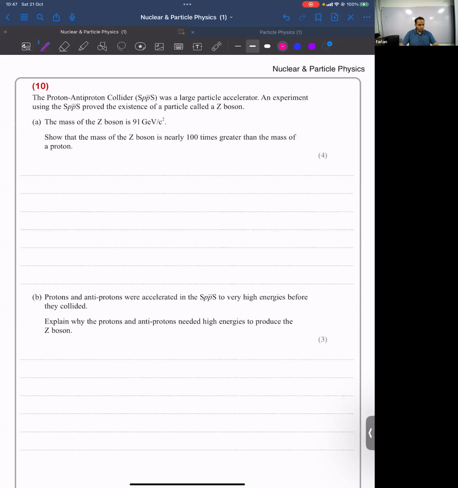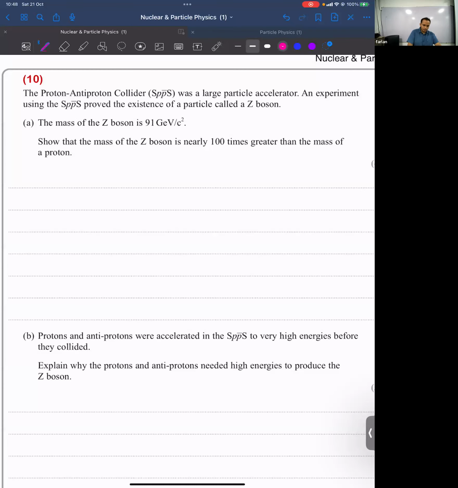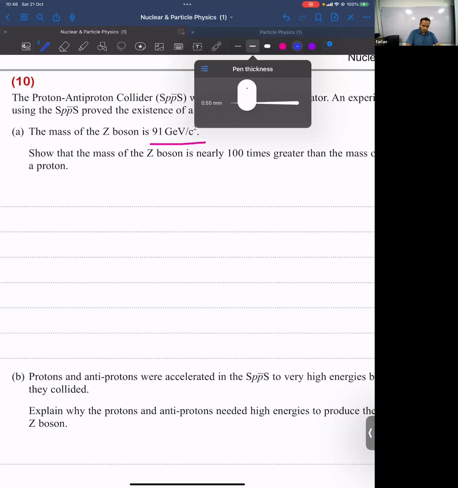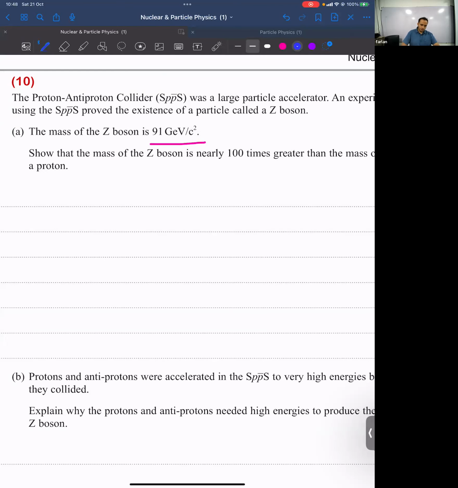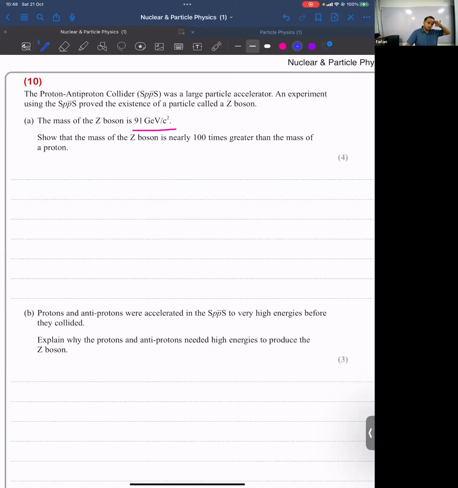An experiment using this proved the existence of a particle called a Z boson. The mass of this is 91 giga electron volts over c squared. Show that the mass of this particle is nearly 100 times greater than the mass of the proton.